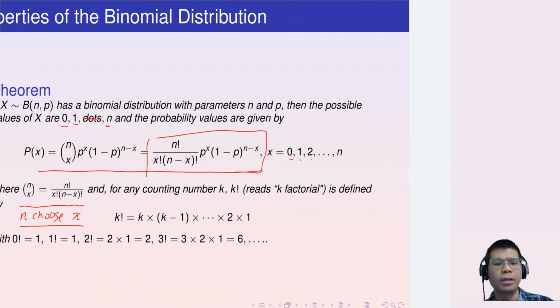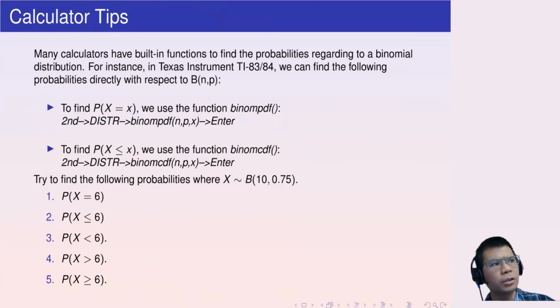However, for binomial distribution, there are many calculators that have built-in functions to find probabilities. Now, this instruction is based on TI-83 or 84. If you have other versions of the calculator, you can Google it. I believe for many calculators, there are built-in functions for binomial. For TI-83 or 84, there are 2 types of probabilities that can be directly found using the calculator.